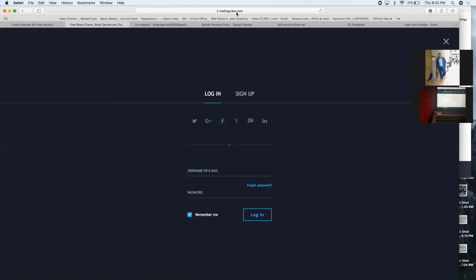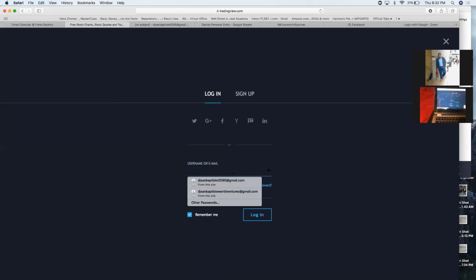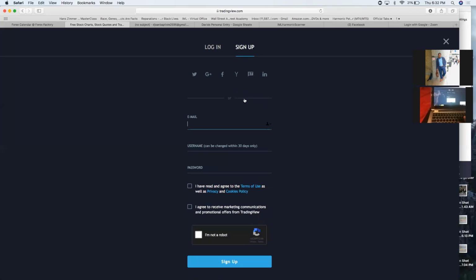So the first step I would want for everyone is to go on tradingview.com. I'm already on tradingview.com. Once you're there, if you don't have an account already, just quickly sign up. Click the sign up button. All you have to do is write your email, create a username and a password, click on these two tabs, also click on I'm not a robot, and then you'll sign up.